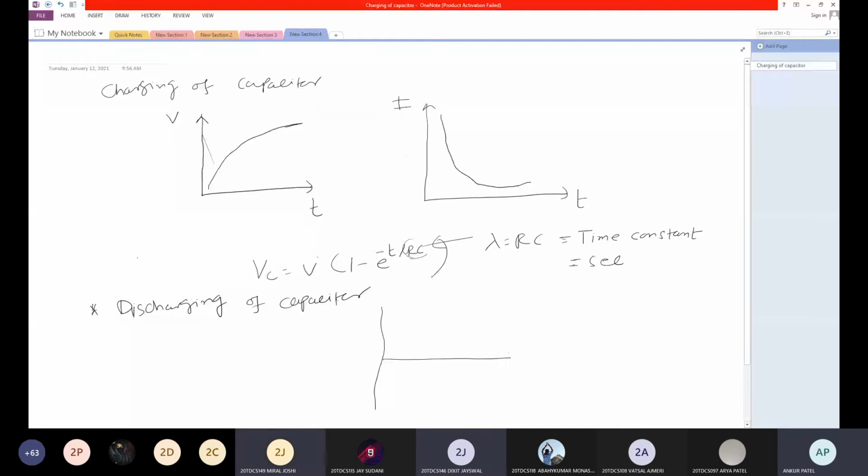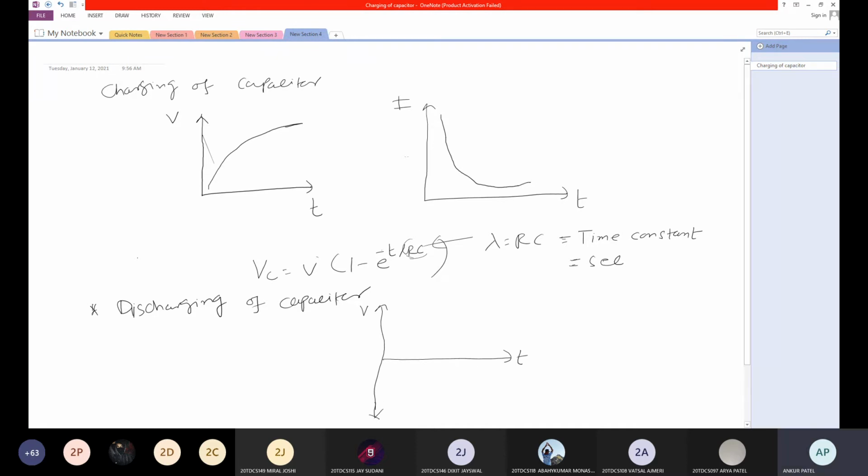Voltage will decrease. Yes, in discharging voltage will decrease. And current? Increase. Increase in terms of what? Initially some current will flow, and slowly it will increase and then slowly would become 0. As we know, we are just disconnecting the supply, the positive side, so it starts discharging. Here the current changes its direction.